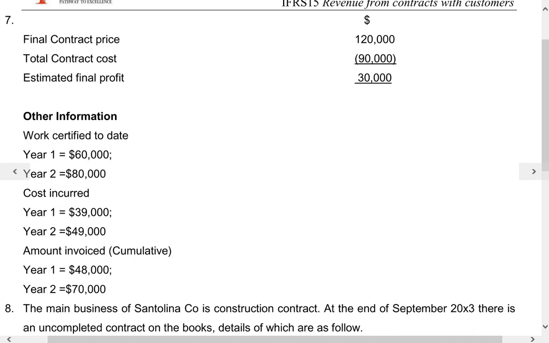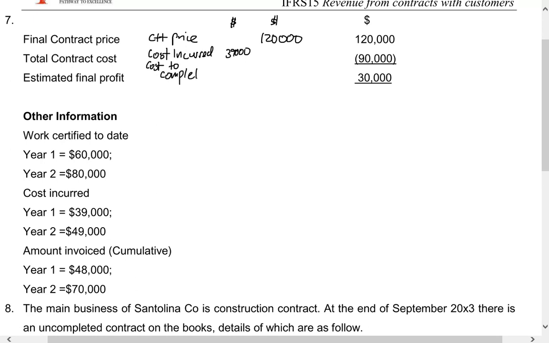So year 1, contract price, the outcome 120,000. Cost incurred 39. Just now I wrote there cost to be incurred, cost to completion. Same.